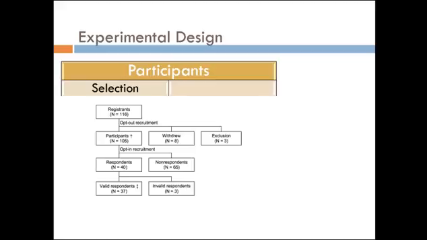Now here's an example of how medical researchers go about selecting their participants. First off, hopefully you guys can see whenever I gesture with my arrow, but you'll notice on this first branch it says opt-out recruitment, and then in the next branch it says opt-in recruitment.